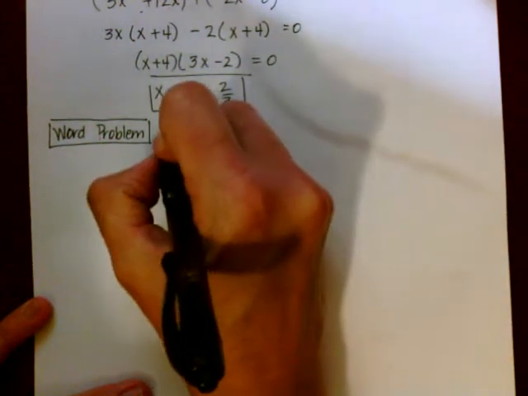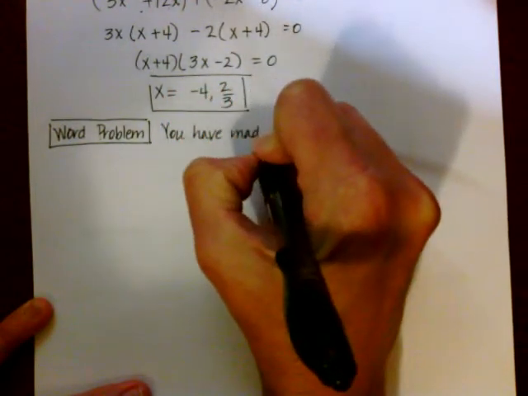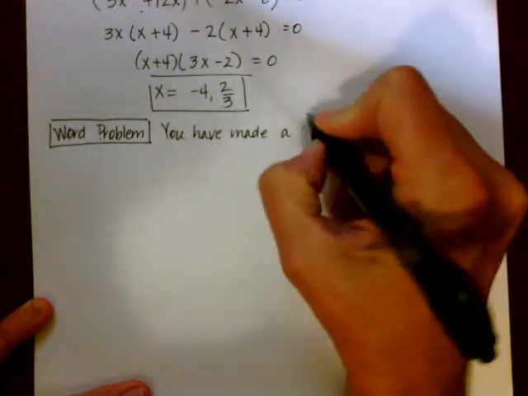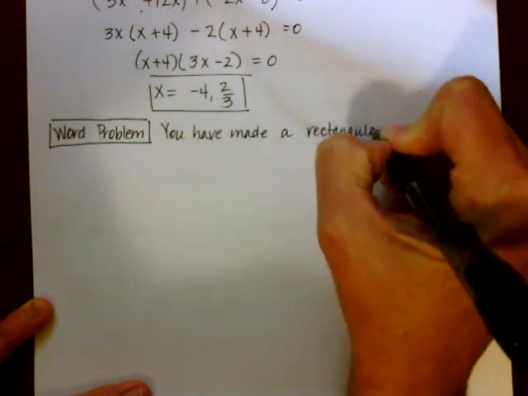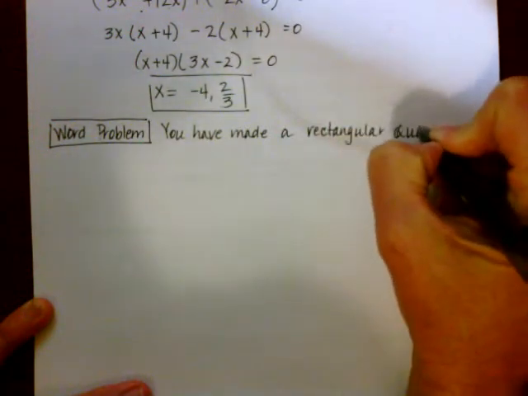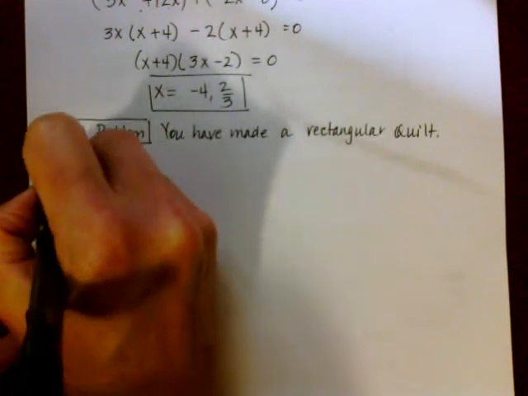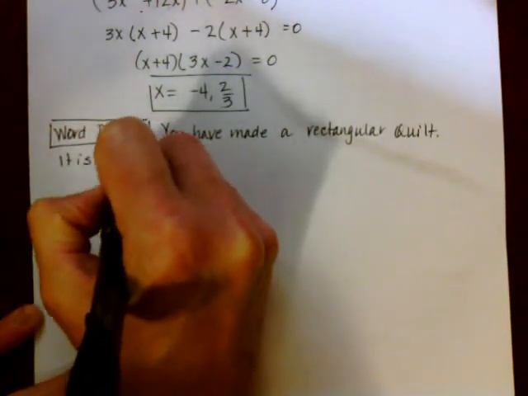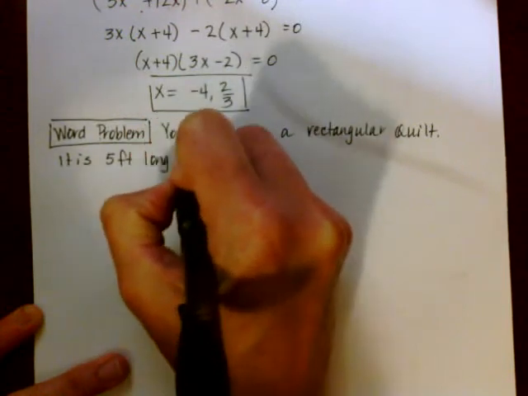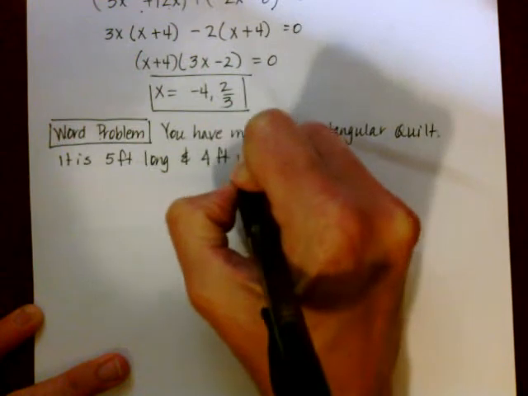Alright, this particular problem says you have made a rectangular quilt. It is 5 feet long, and it's going to be 4 feet wide.